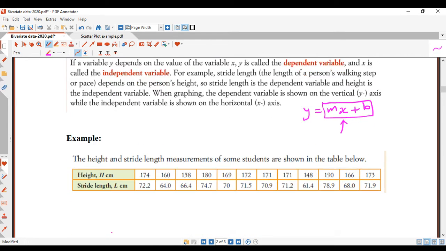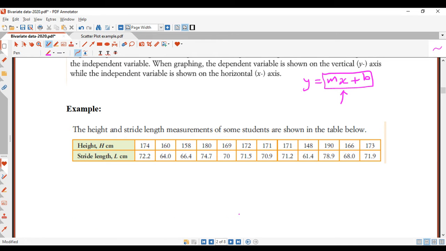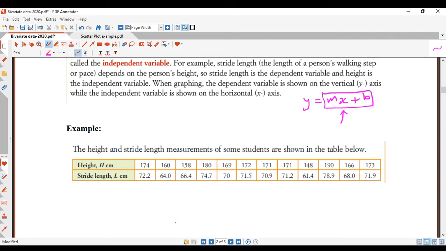Let's have a look. We've got height and stride length measurements in a table, and if we think about which is x and which is y, we've got to think about which one is dependent. So does stride length depend on height, or does height depend on stride length?